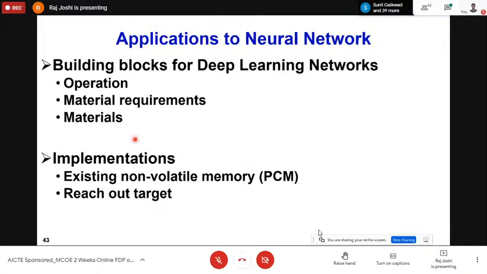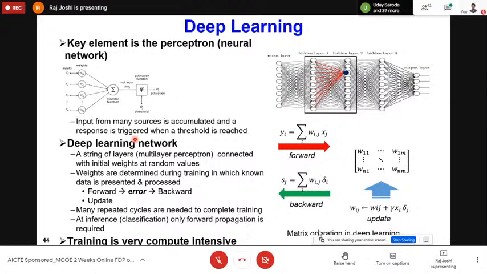And implementation on existing non-volatile memories and reach-out targets like PCM, phase change memory, or other non-volatile memories. In deep learning, we all know that there are inputs and there are weights which are generated to account for those inputs. There is a multiplication, and then there is a summation.